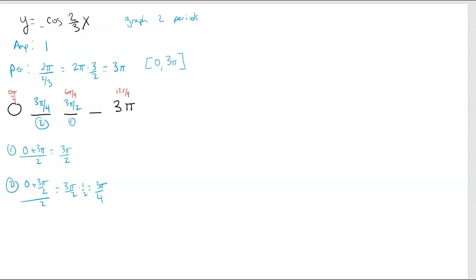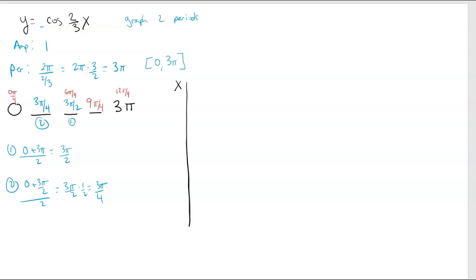Notice that they're all being added by the number 3. So 0 plus 3 is 3, 3 plus 3 is 6, 6 plus 3 will give you 9. So it'll be 9 pi over 4, and 9 plus 3 still gives you 12. So it's just another way that we can find our points, if you don't want to add the 3 pi over 2 with the 3 pi.